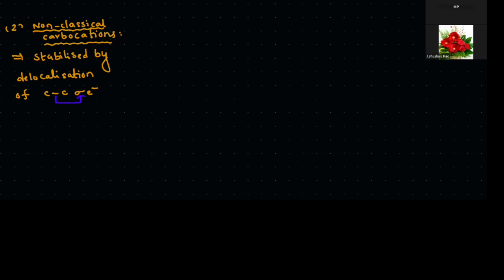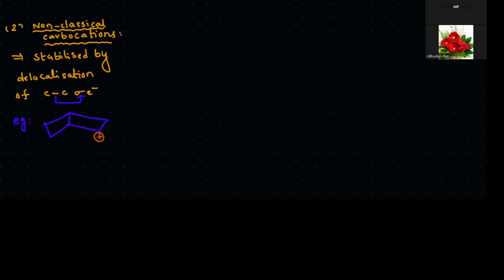Example, this is the one compound. In this, the carbon has positive charge. This is the carbocation. Here also one carbon atom is present.